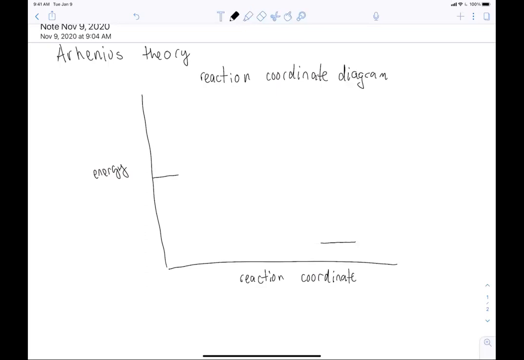But if you think of a reaction starting out as reactants, let's actually just use something generic. So let's say we're looking at a generic reaction. That's just like A plus B goes to C. So C is our product, and A and B are our reactants.